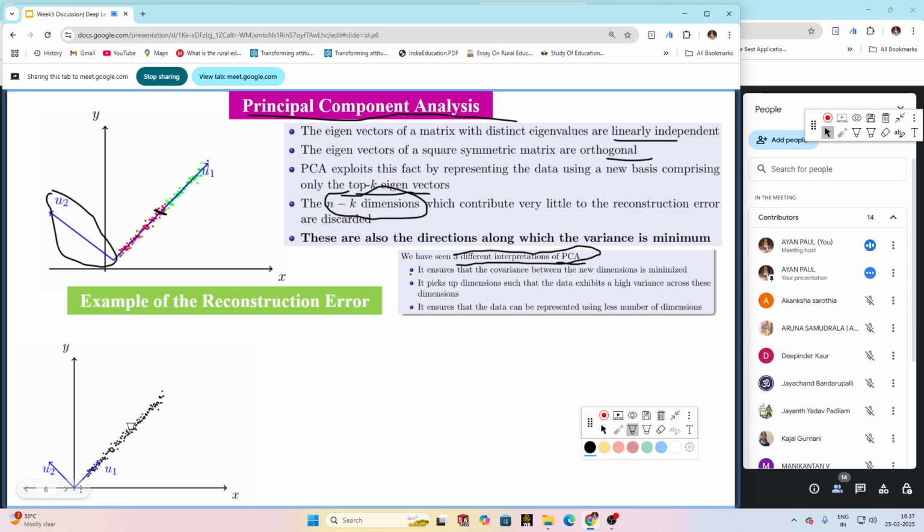So this is a data set, and now we are projecting it onto two axes, u1 and u2.